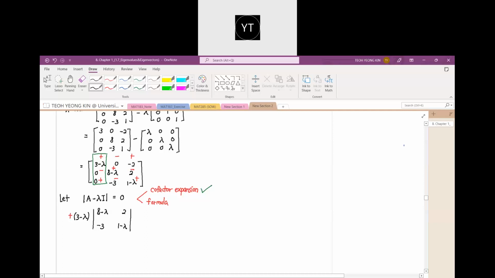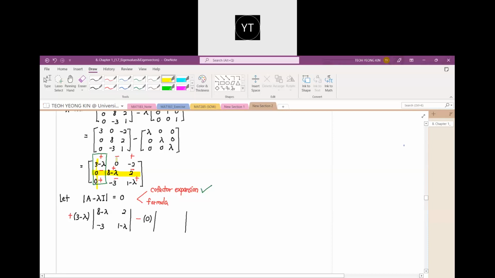And then the second value is 0. Let's say I try to write, the second one is negative, and then let's say put 0 here. Again, for this one, close the first column and the second row.